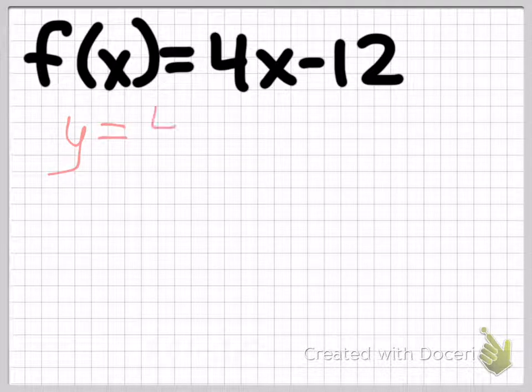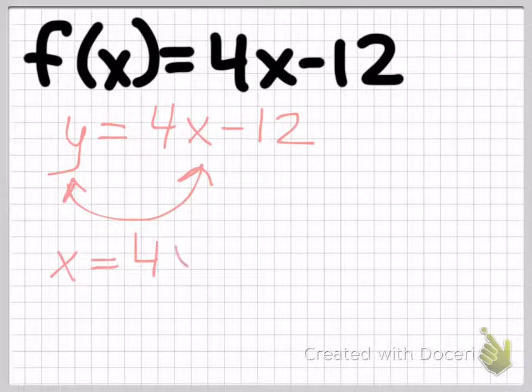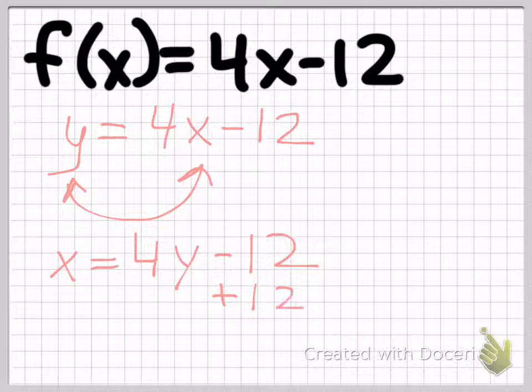The first step would be to replace the f of x with y, and then we switch the x and y. And now we solve for y, so we have to get y by itself again. I would add the 12 to cancel out the 12.